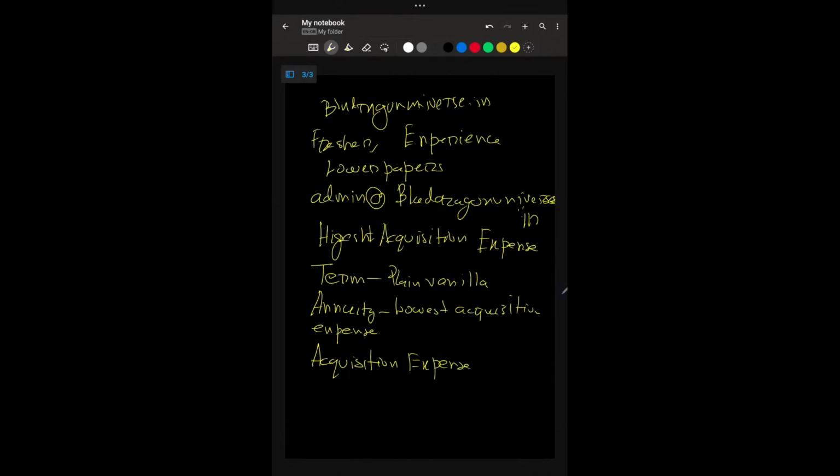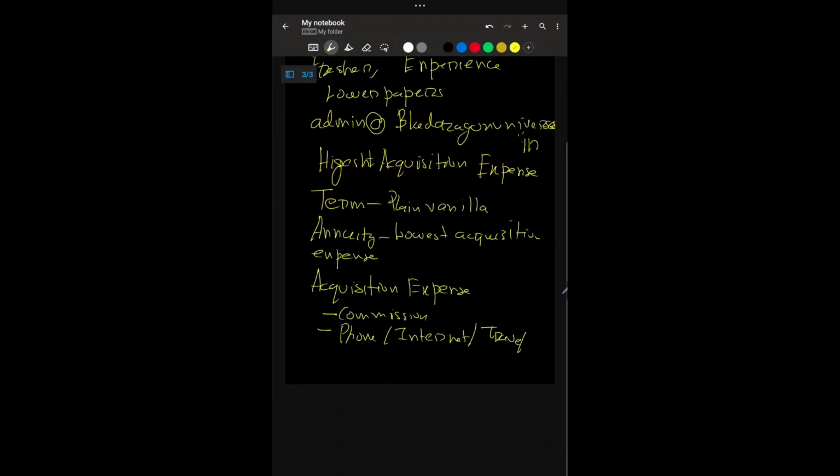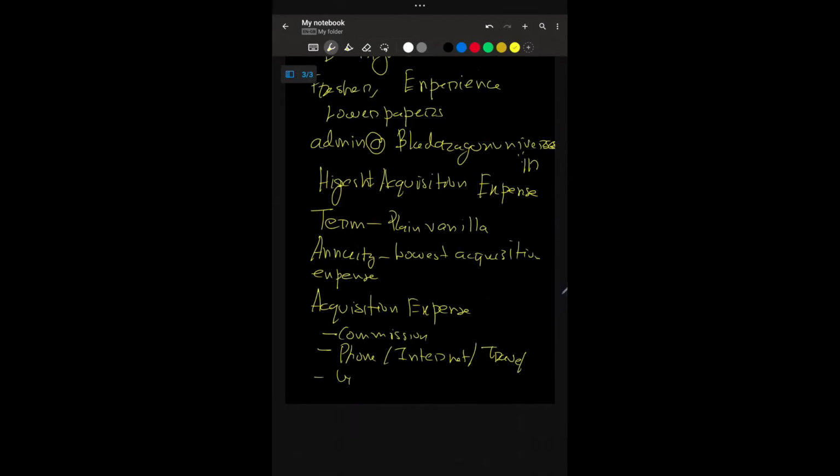Now, first of all, we need to understand what acquisition expense is. Acquisition expense can consist of commissions, the phone calls you make, and internet related expenses. Someone is logging in and you, as an insurer, have to pay the internet bill. The agent might also have to travel. But the main expense is underwriting expense, which forms the bulk of acquisition expense.